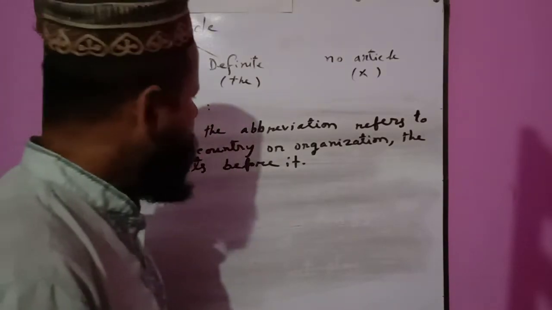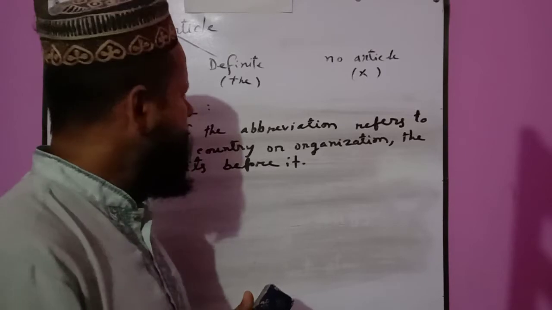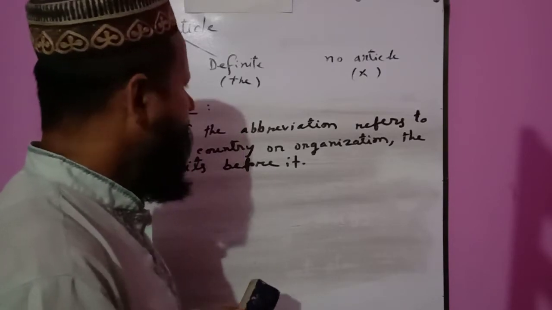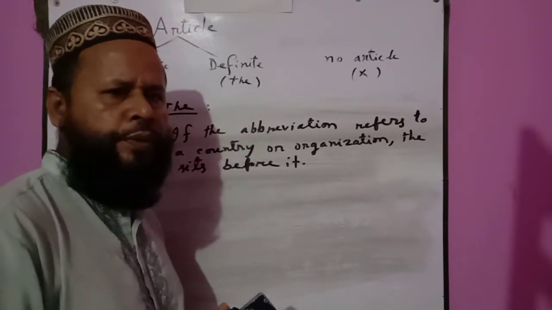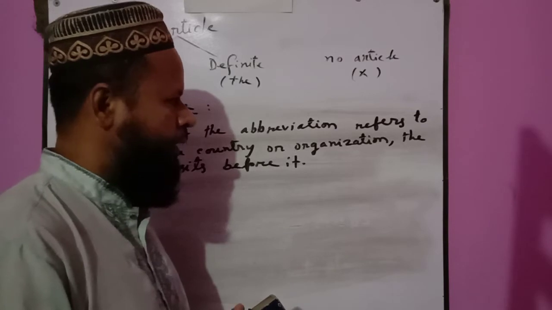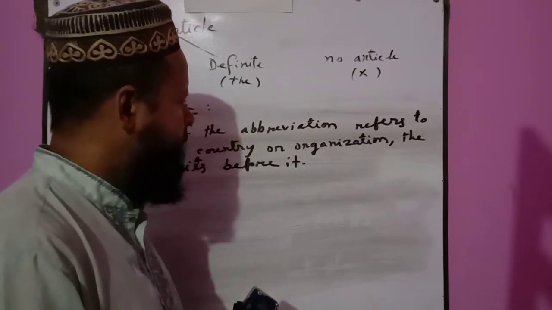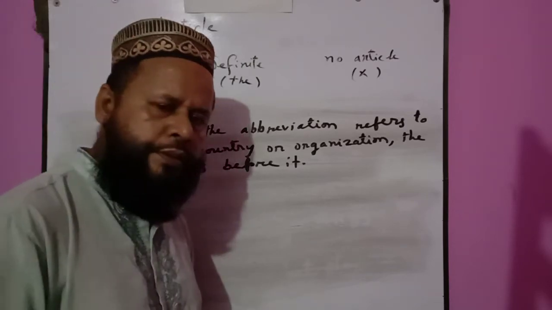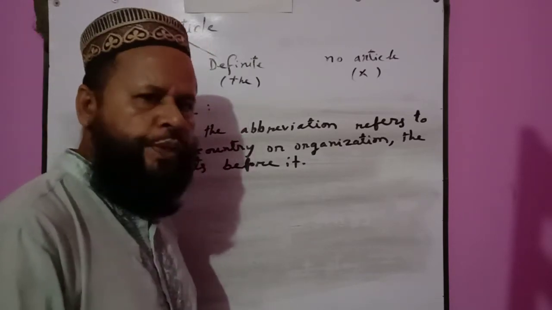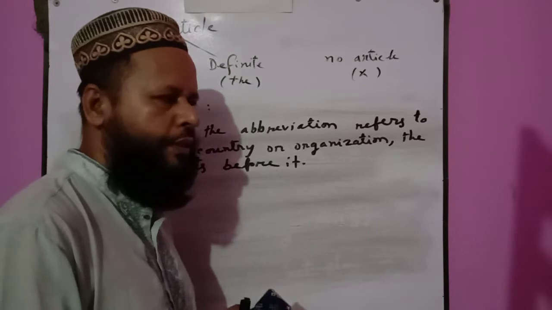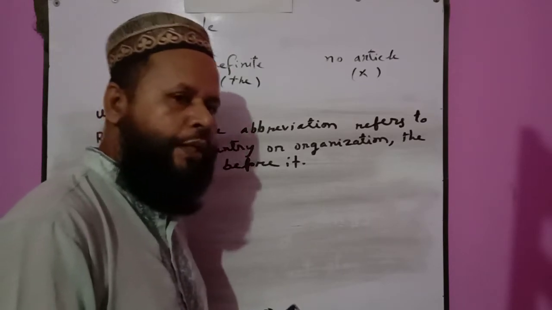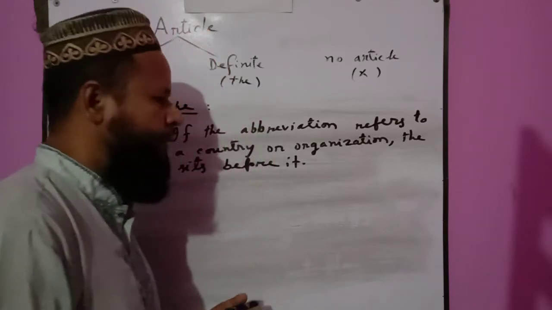In rule 3, we came to learn a or an is used before abbreviation when the abbreviation refers to a degree. But if the abbreviation refers to a country or organization, then we shall use the before the abbreviation.